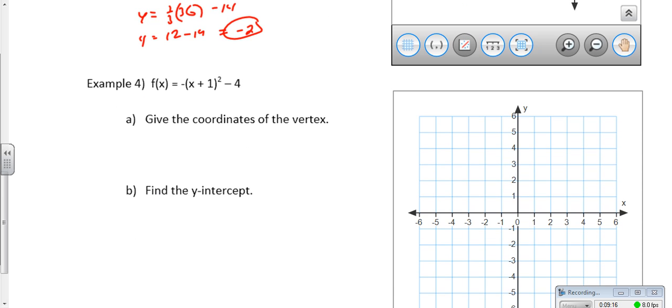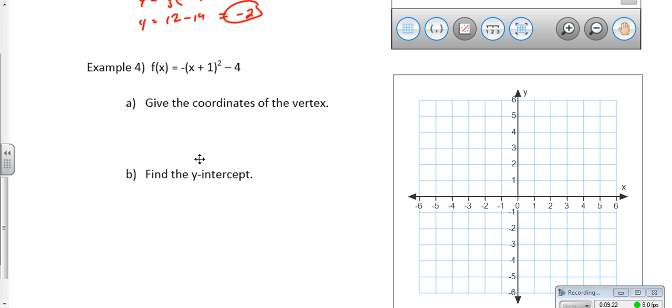Alright, so this one, vertex. Again, if we look at the graph, we can tell right away that this opens downward. It's going to be like this. Right here tells us it's going to shift to the left 1 unit, and this one's going to tell us that it shifts down 4 units.